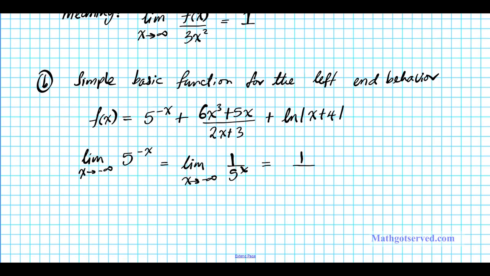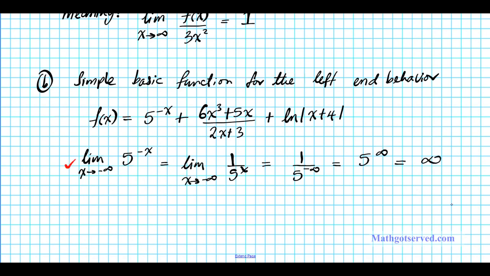We have 1 over 5 to the negative infinity. What on earth is this? Well, this is equal to 5 to the infinity, because the negative indicates reciprocation, okay? So what's 5 to the infinity? That rapidly goes to infinity. So this is a candidate to be considered.